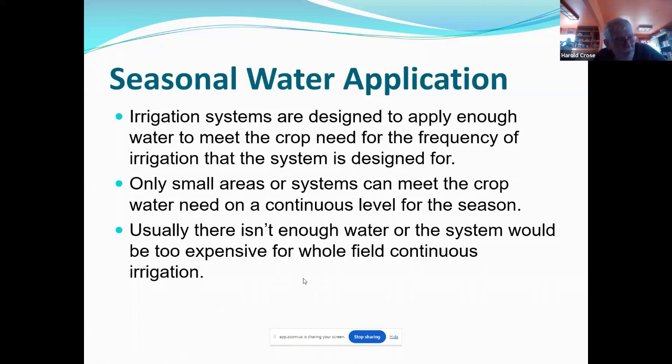Let's say typically a field for full irrigation under pivot is 130 acres, and a wiper would only irrigate 65 acres of that, but it costs the same. You put the same amount of money into the hardware and the pump and all that to irrigate half the acres. That's where the economics comes into play.